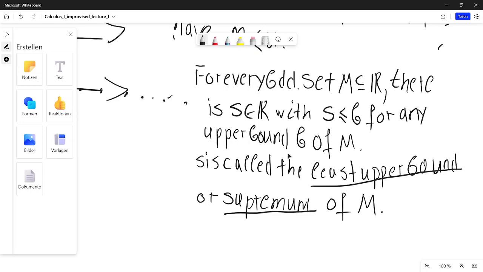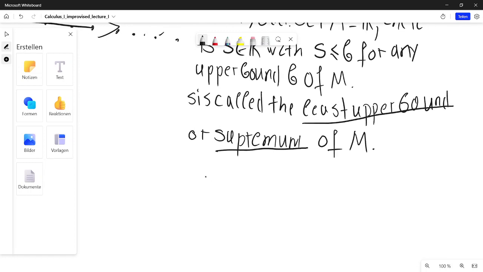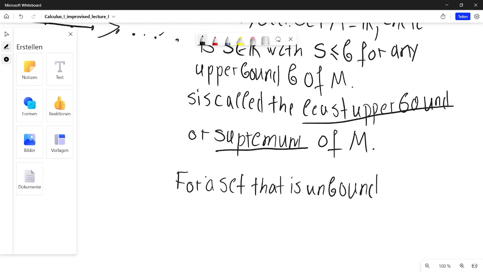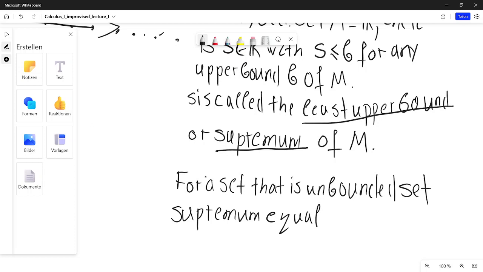And we also define some stuff for an unbounded set, and that is just convention. We just say that the set's supremum equals infinity.